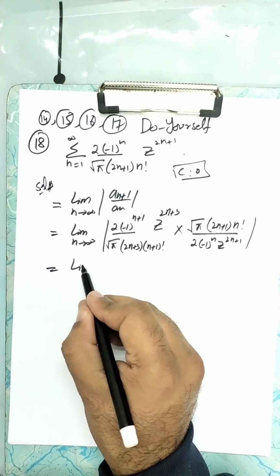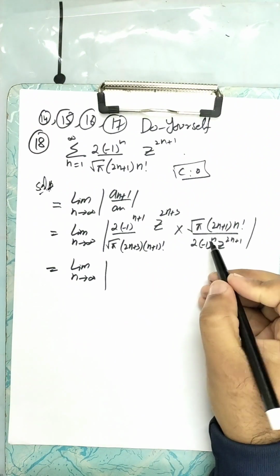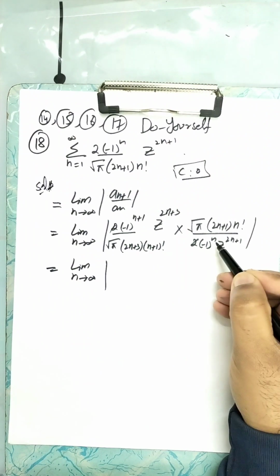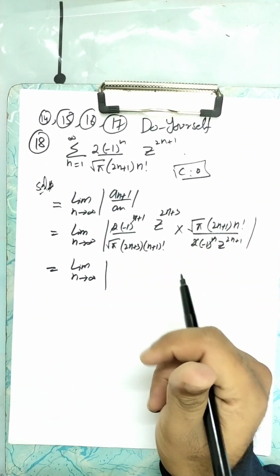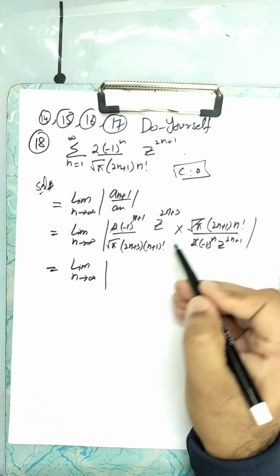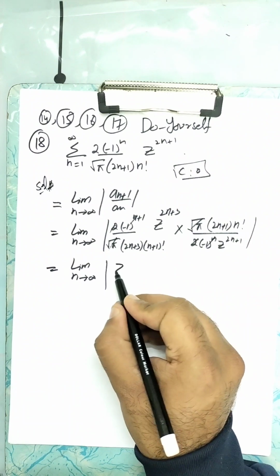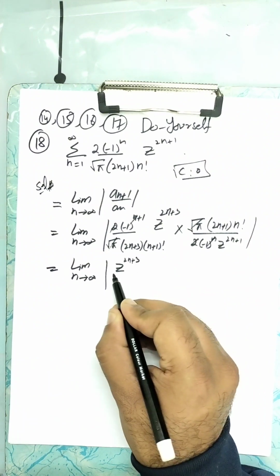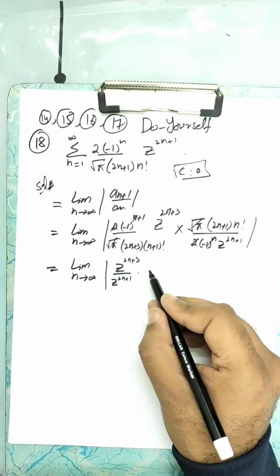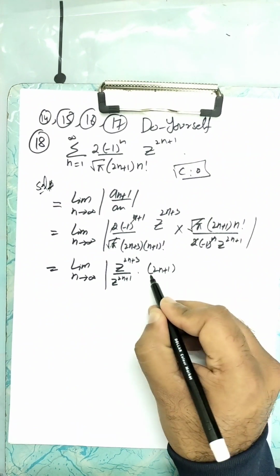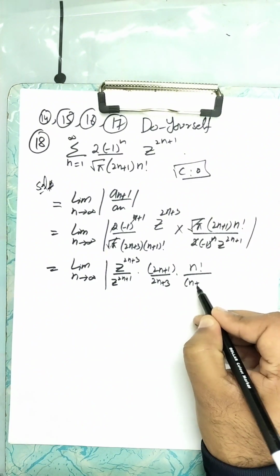Now we calculate this limit. Here the 2 and 2 cancel each other, and we take the absolute value, so negative becomes positive, and the root pi also cancels. So we have only the terms z^(2n+3) over z^(2n+1), multiplied by (2n+1) over (2n+3), and multiplied by n factorial over (n+1) factorial.